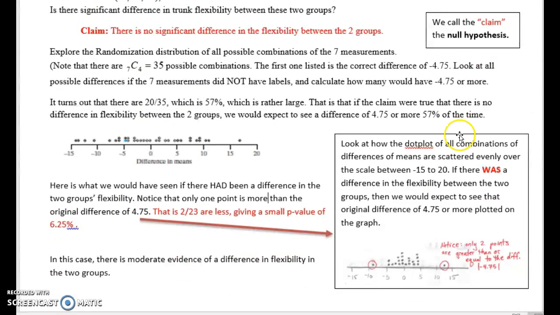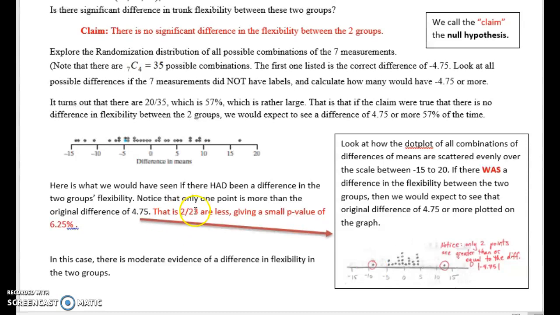So I'll give you a sense of what this dot plot should look like if there was something significant going on, and it is the reverse. Notice that I put the cluster of all these values somewhere in between -5 to 5. There are only two values that are 4.75 or larger in absolute value.